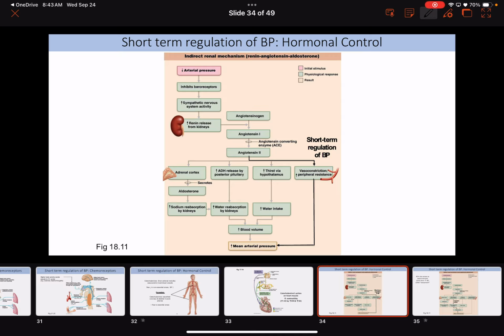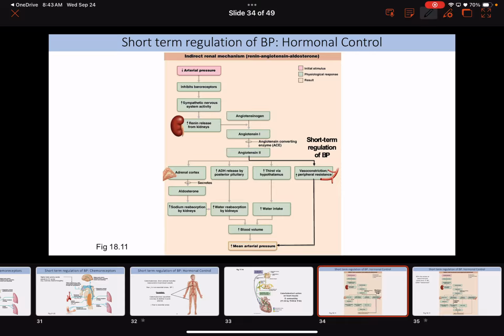This is how we regulate blood pressure when blood pressure gets too low. Whenever you see a diagram like this that has multiple steps, this is a very highly regulated system, and everything has to happen just so in order for the desired effects to occur.